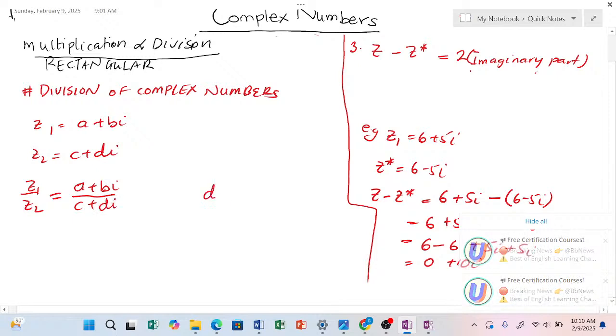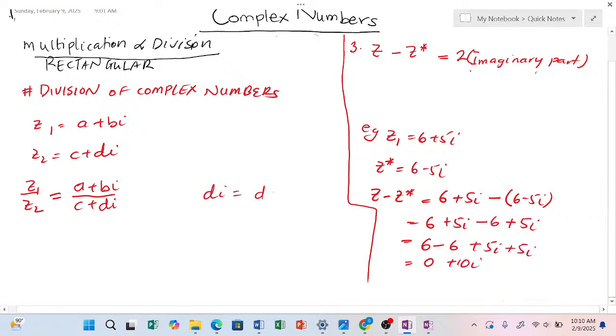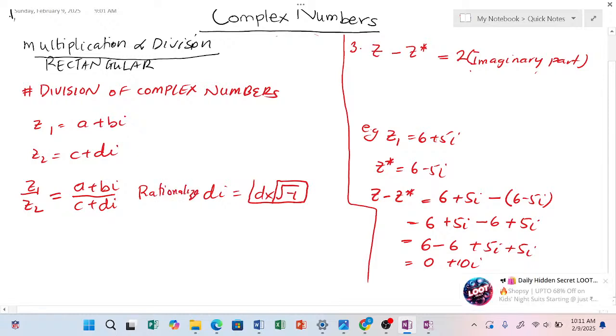Now what is di? di is d times the square root of minus 1, right? You know that. And what is this? This is a surd. A surd in mathematics principle cannot be part of the denominator. So we have to rationalize it. And you know how to do it. You have to rationalize the denominator.